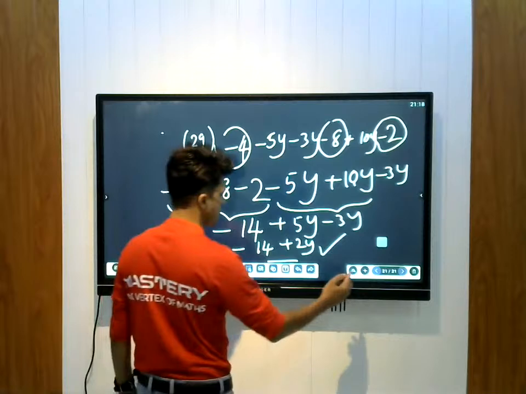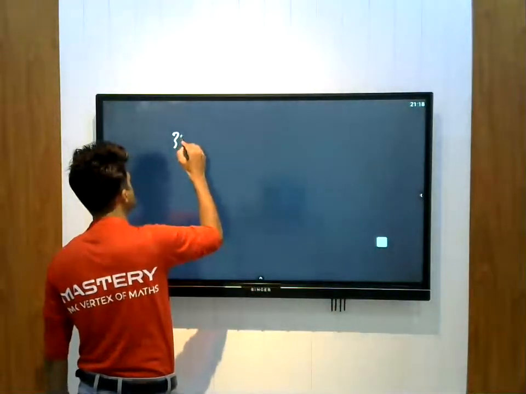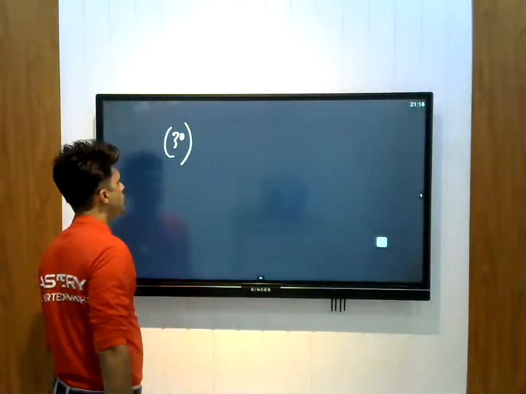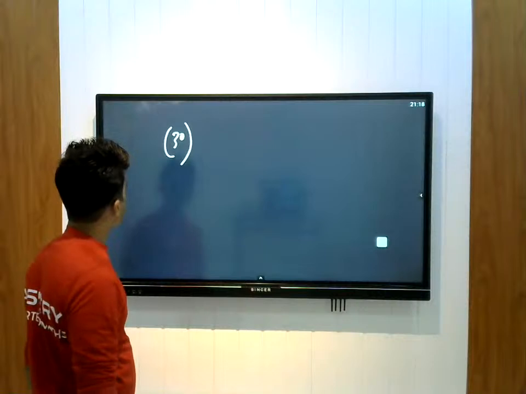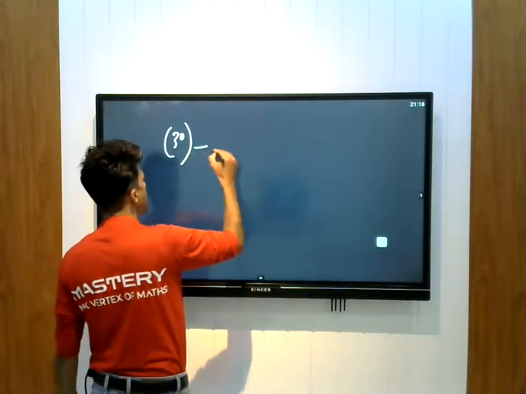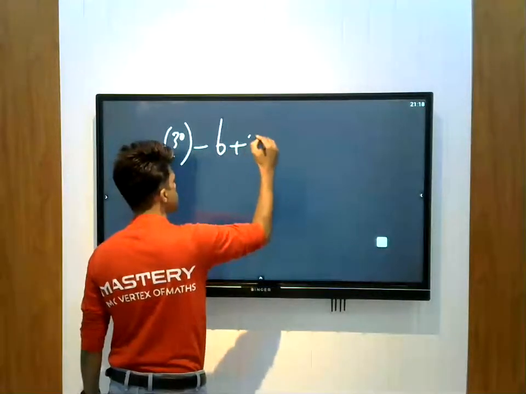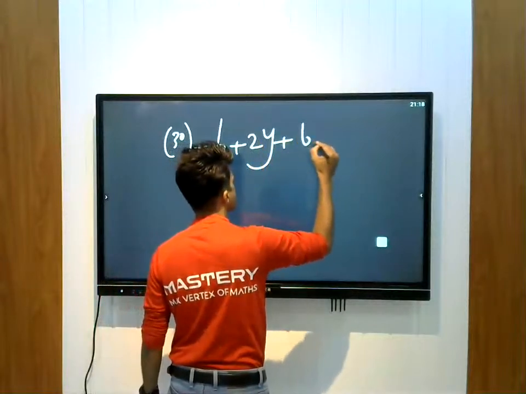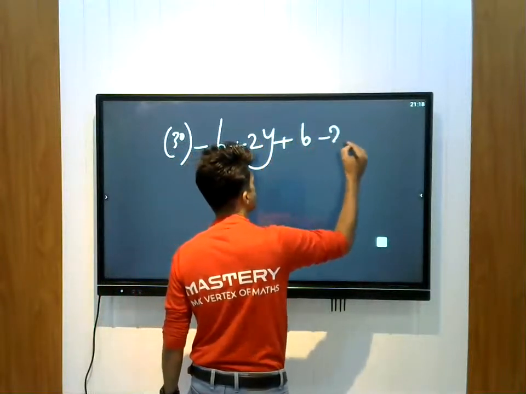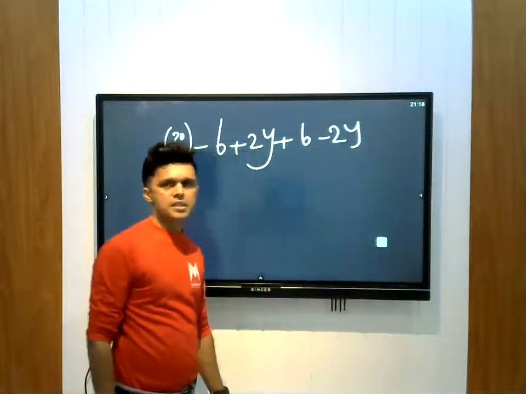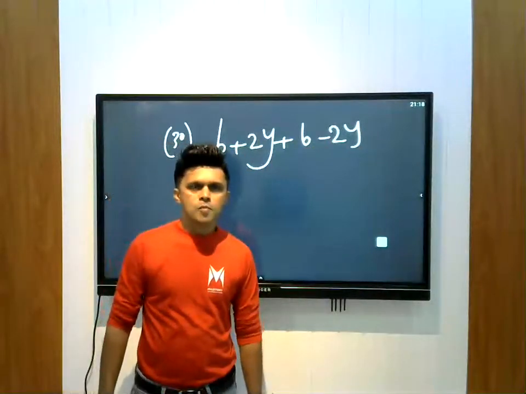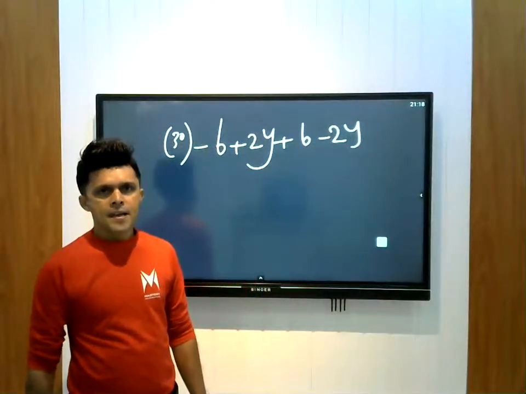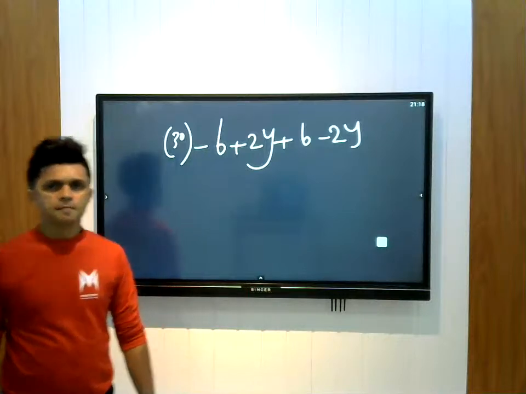The other question, the 30th question: minus 6 plus 2y plus 6 minus 2y. What should be the answer here? Think of this one.